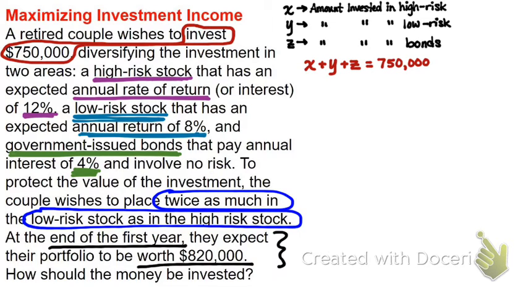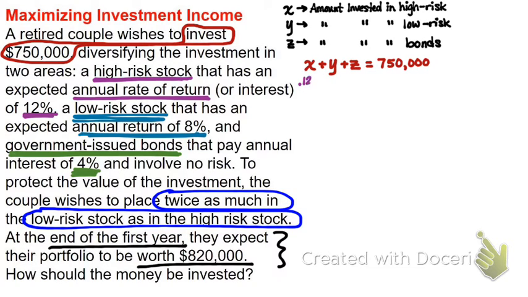So tell me, what are the different percents that we have? 0.12, 0.08, 0.04. Yeah, 12% or 0.12, 8% or 0.08, and 4% or 0.04, right? That 0.12 or 12% goes with which type of investment? High risk.